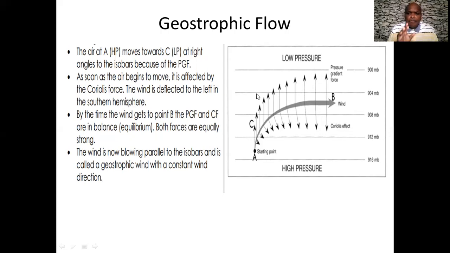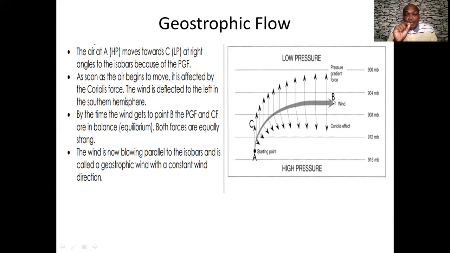But remember, we have the Coriolis force. The Coriolis force causes this wind to deflect. That is why, if you note at B, the wind has deflected and is now flowing parallel to the isobars. And this is what we refer to as geostrophic flow.